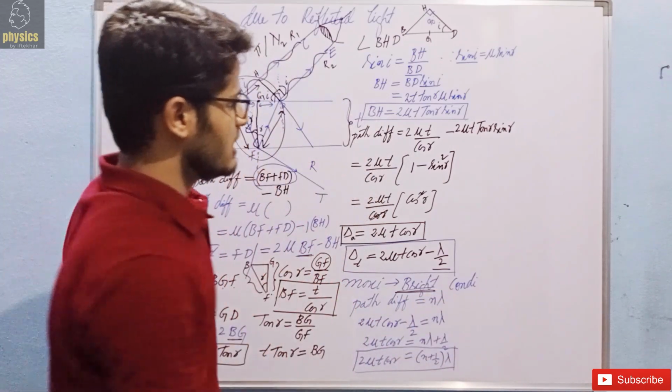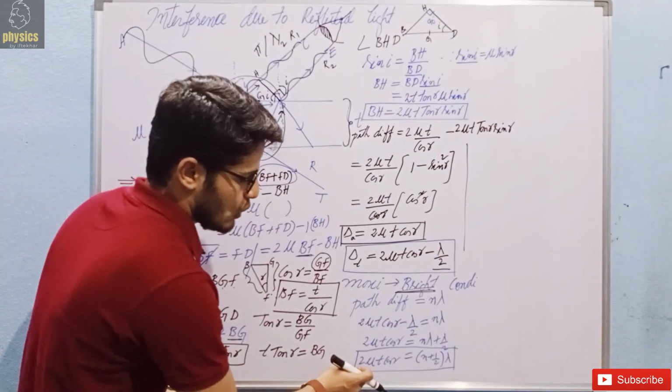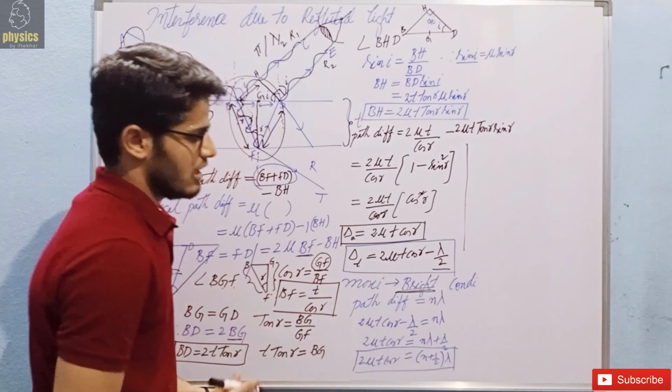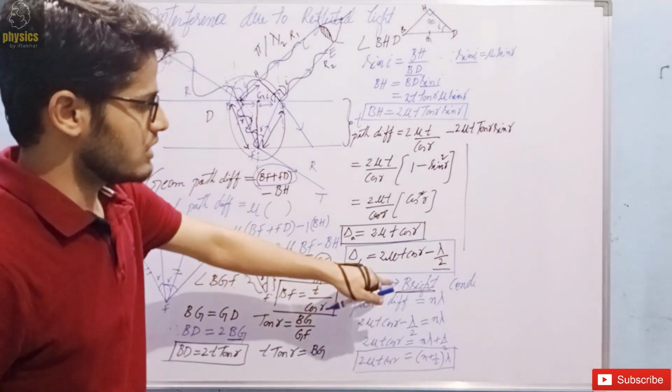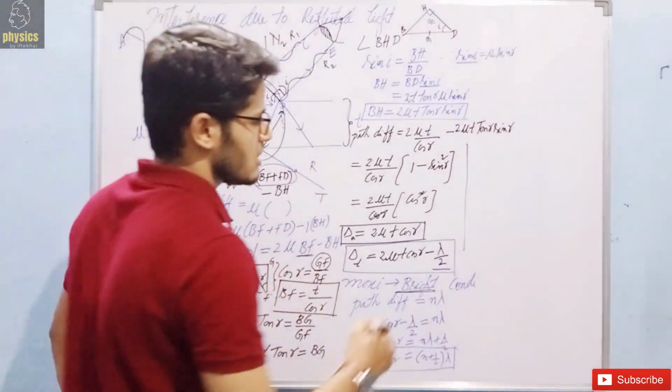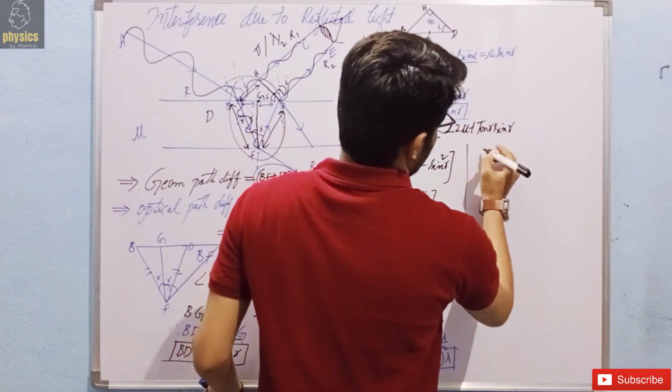Okay. Now similarly, we will find out the path difference for destructive interference. Here we did it for the bright, meaning constructive interference, bright fringe. Here we will do it for dark.